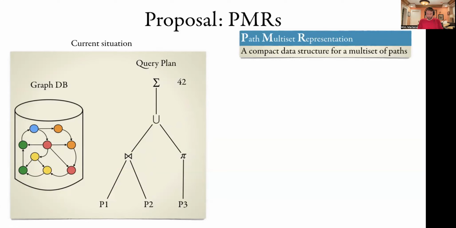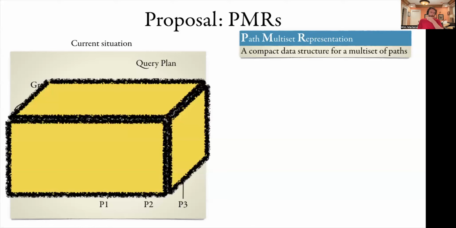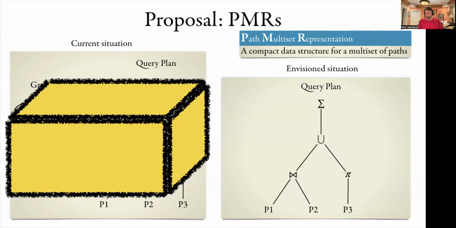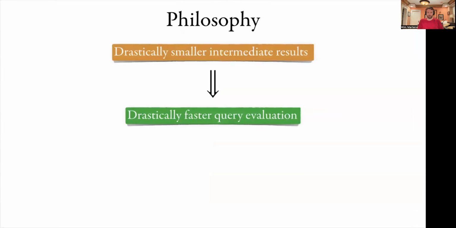Okay, this is more or less how it works, except that, as I just showed you, if you match a pattern, the number of paths that you're storing there can be huge, right? It can eclipse anything else. It can be exponentially larger than your data. And what we hope to be able to do with path multiset representations is essentially do the same, but then use compact representations all the way through the query plan, right?